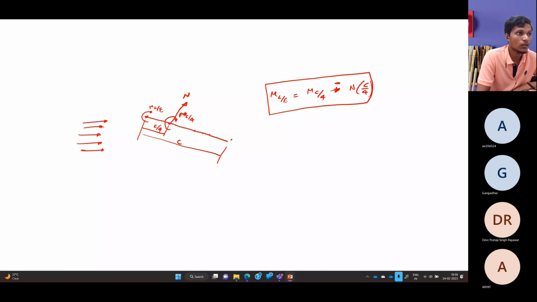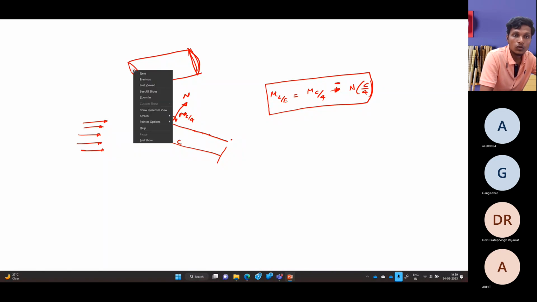Okay. Don't think about whether distance is present or not. Suppose you are an experimentalist and you are doing the experiments. You have an airfoil like this, and you want to understand the moment and lift distribution on this airfoil.